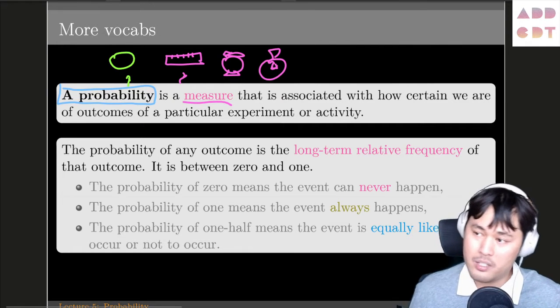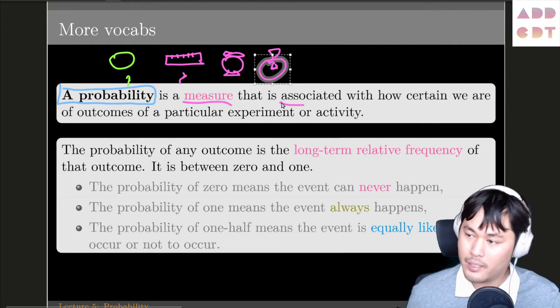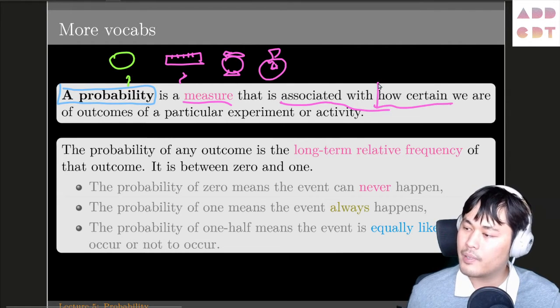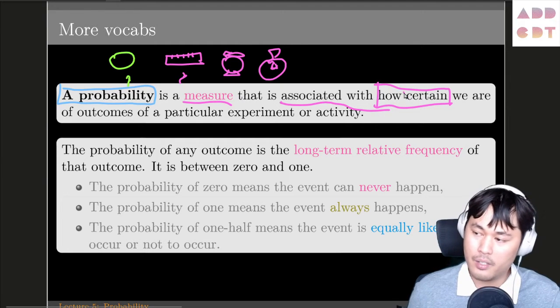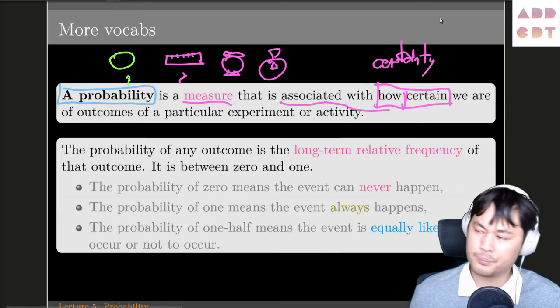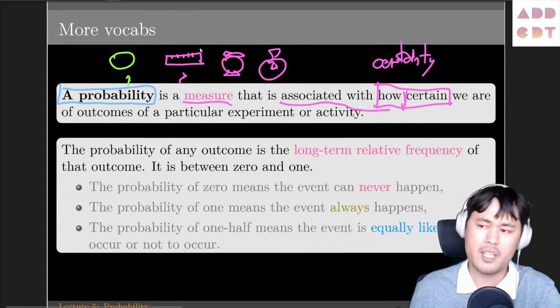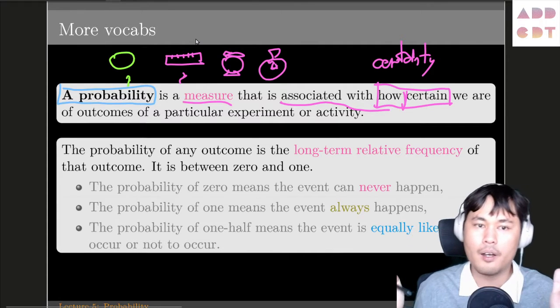What does it measure? This measurement is associated with how certain, that is, it measures certainty. When we measure length, we think of an object as short or long.